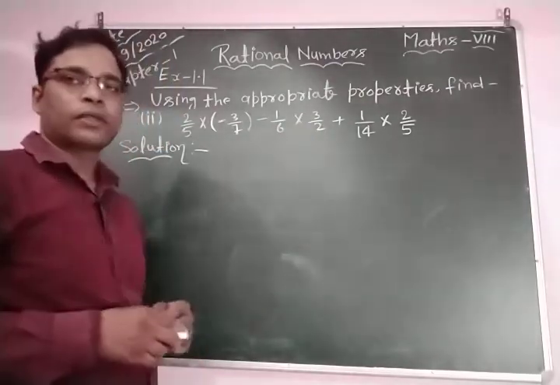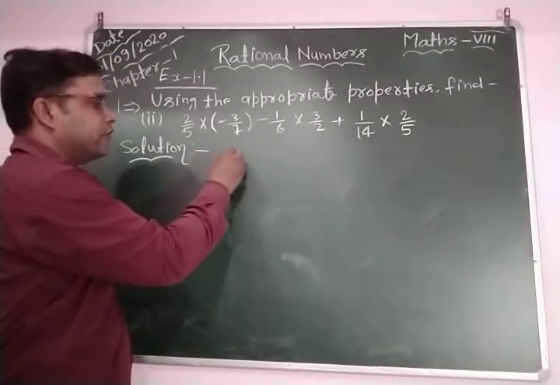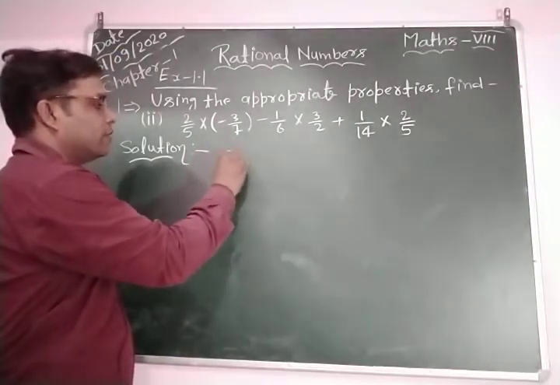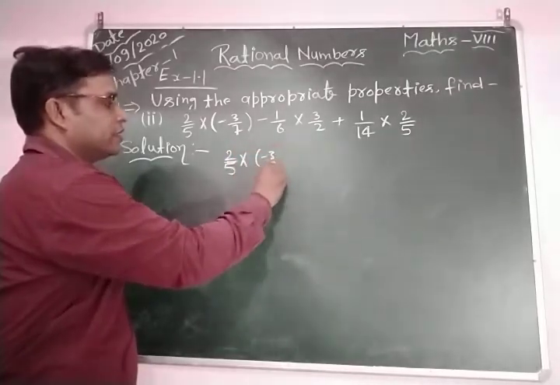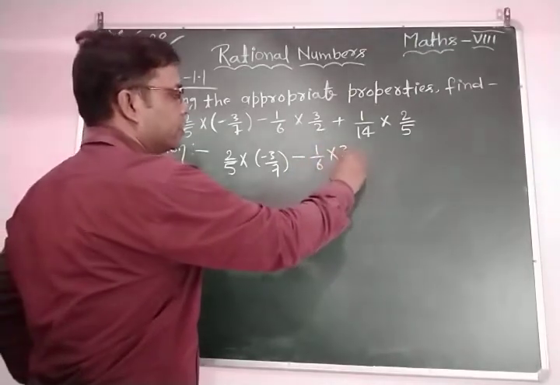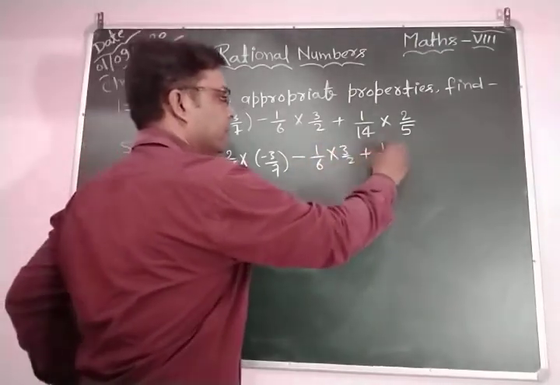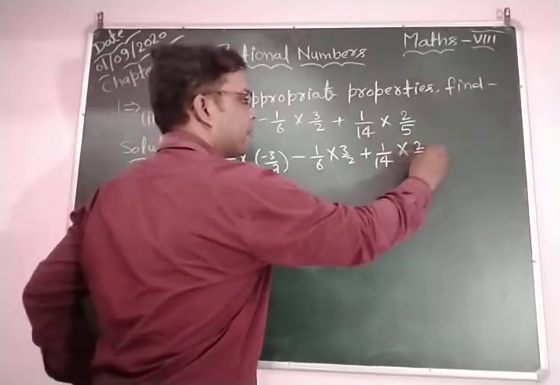So let's see how to solve it. First we write the given expression: 2 by 5 into minus 3 by 7 minus 1 by 6 into 3 by 2 plus 1 by 14 into 2 by 5.